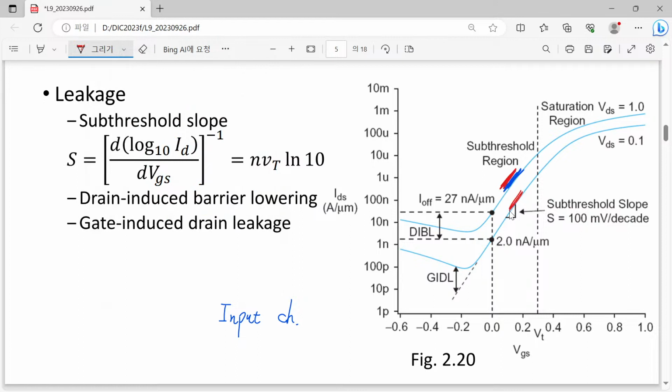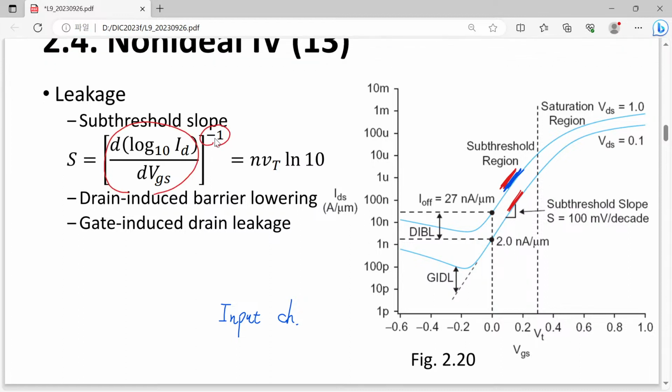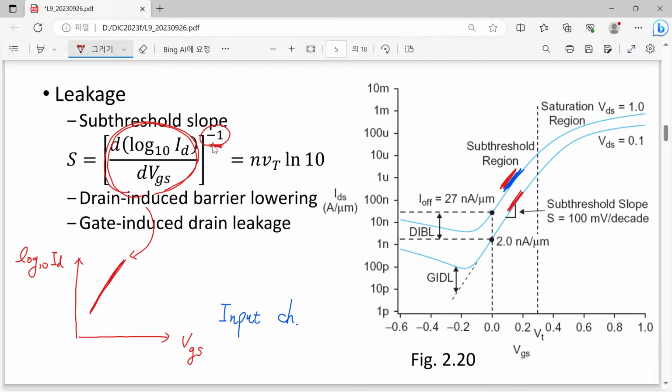As I told you before, the subthreshold slope is defined in this form. Of course here we have an inverse. If this is log 10 of I_D and this is V_GS, this quantity itself determines the slope, but usually we want to take its inverse.